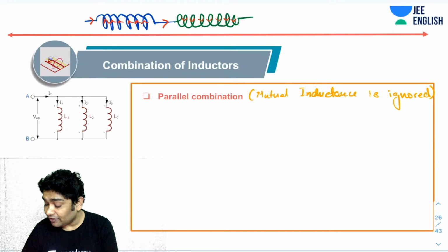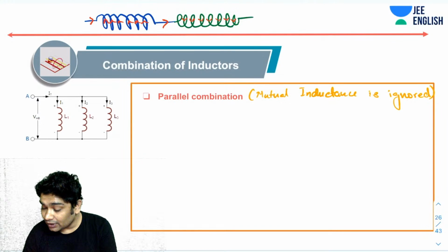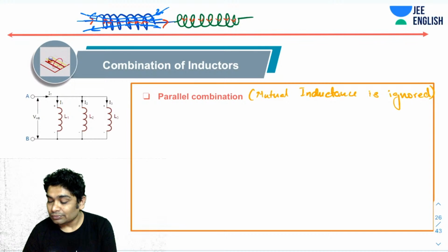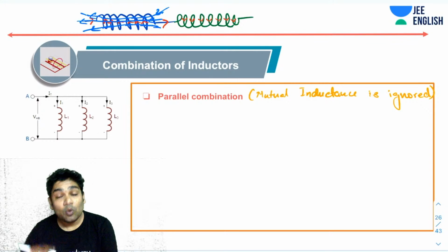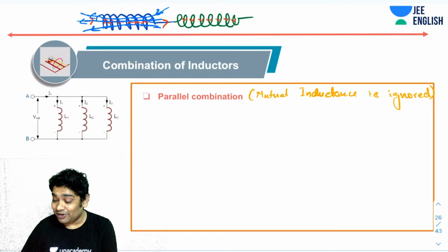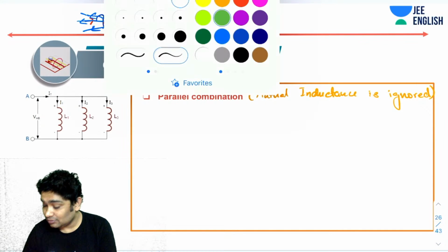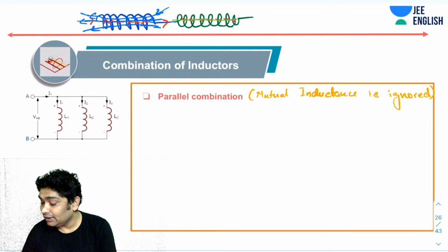The direction of the magnetic field produced here would be like this. Agreed. What about the direction of the magnetic field in the other one? That will be in the opposite direction. Here the magnetic field lines are being produced like this.